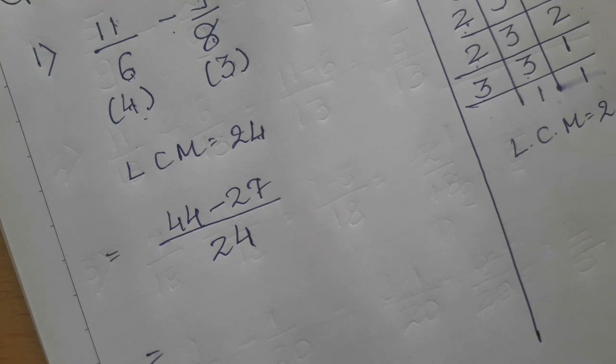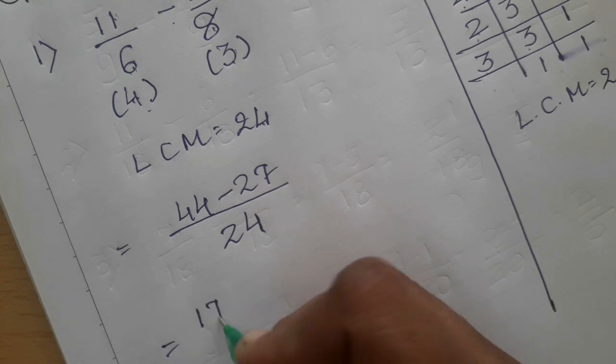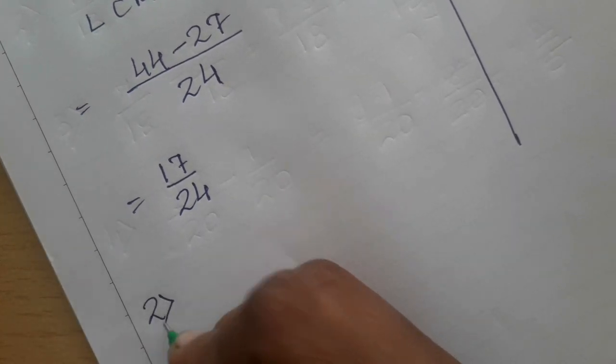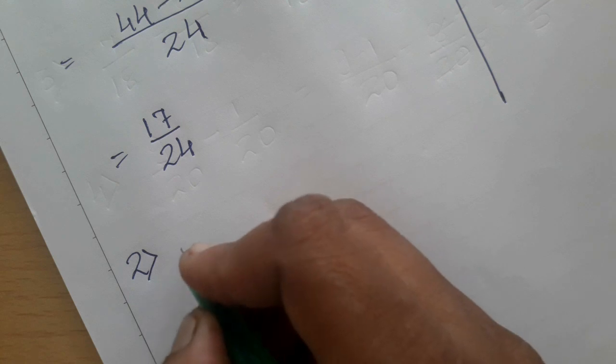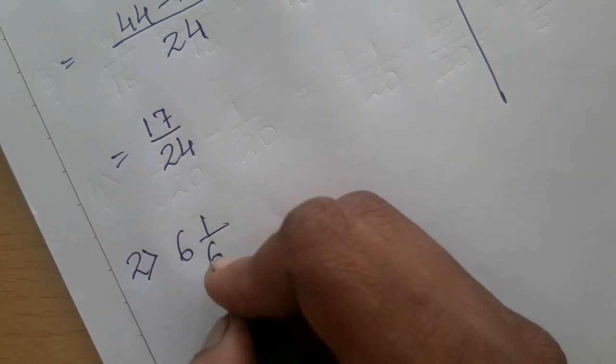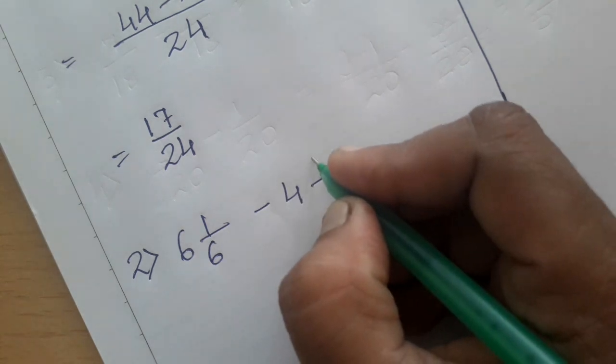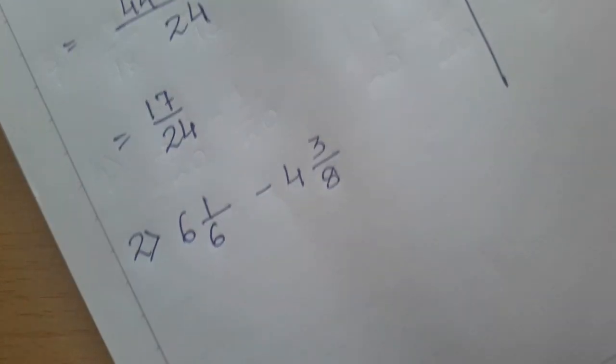So what is that answer? 17 upon 24. Right? Now let me write one more question. Say here I am writing 6 1 by 6 minus 4 3 by 8. Okay.